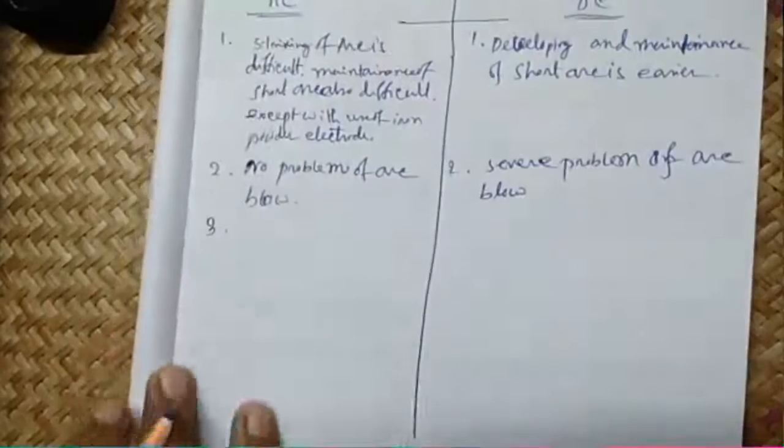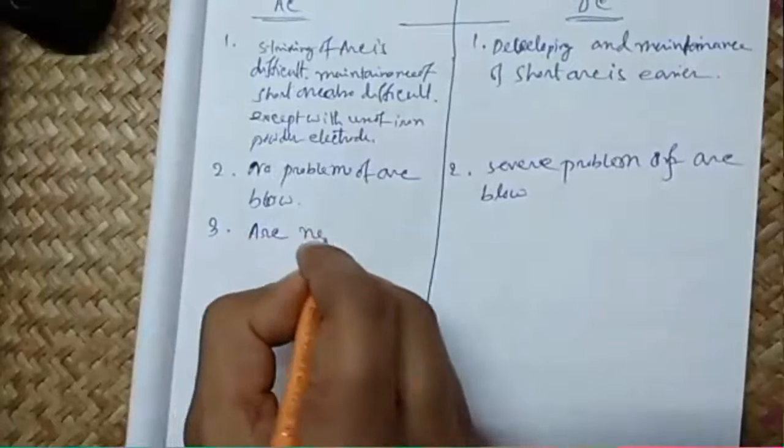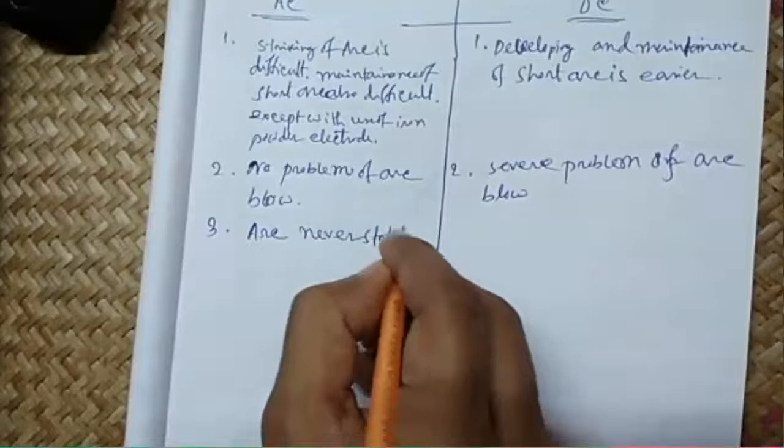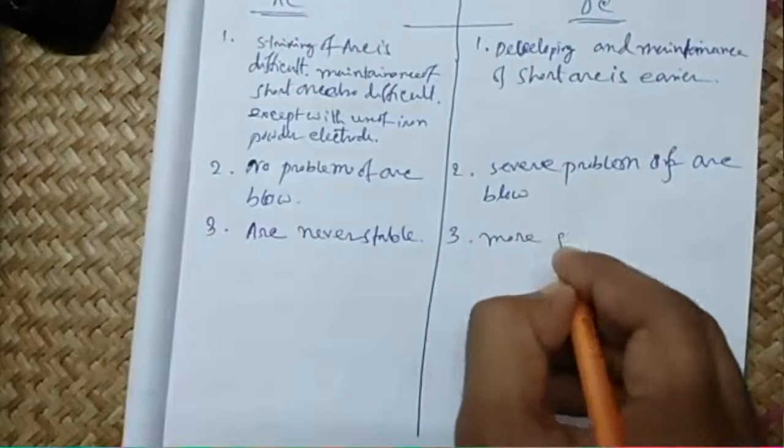Number three, the arc in AC is never stable. In DC, this is more stable.